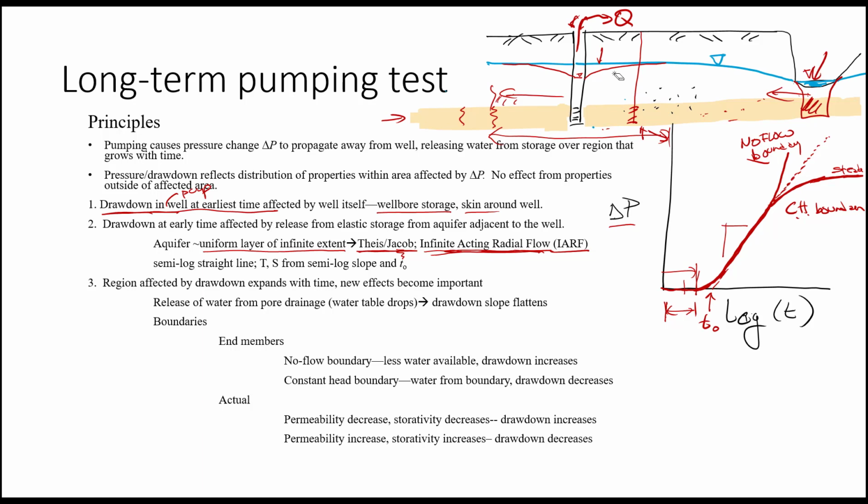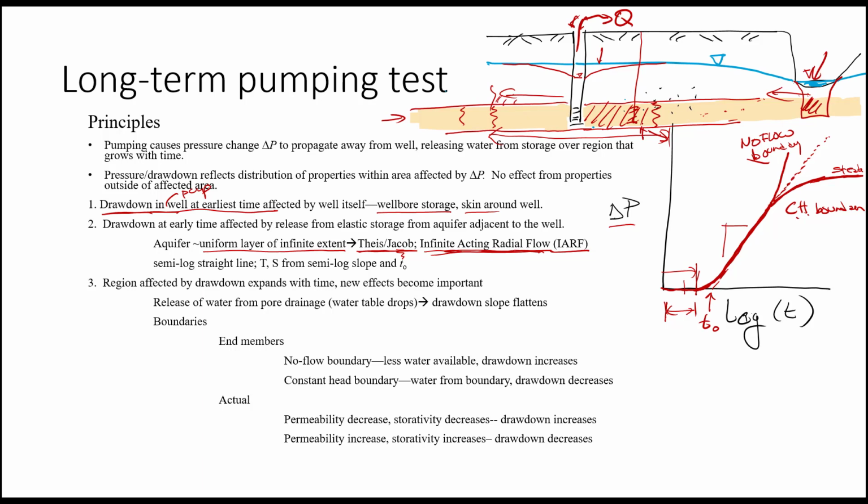And one of those would be, what I've been talking about so far has been kind of tacitly assuming that this is a perfectly confined aquifer. And what I mean by that in this context is that when I'm pumping out of this well, the drawdown caused by the pumping of the well is really just confined to this layer.